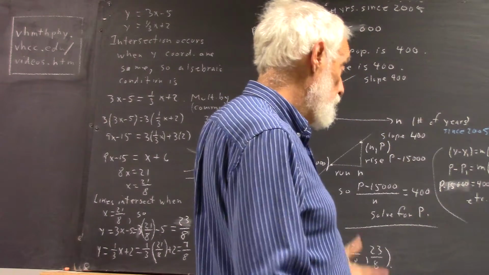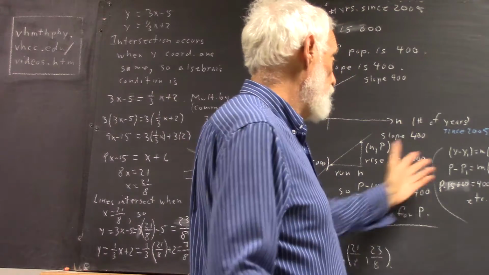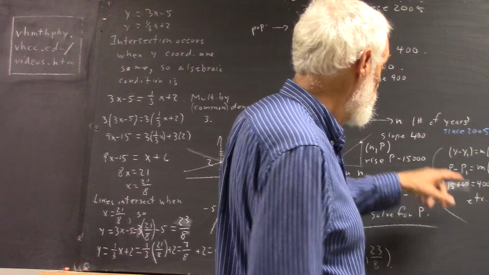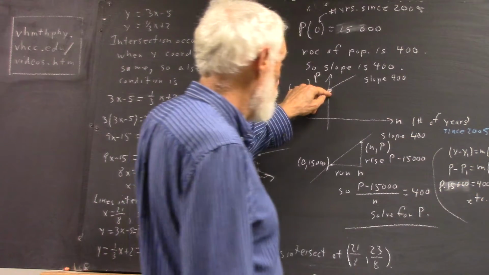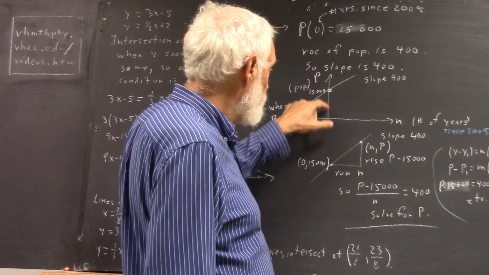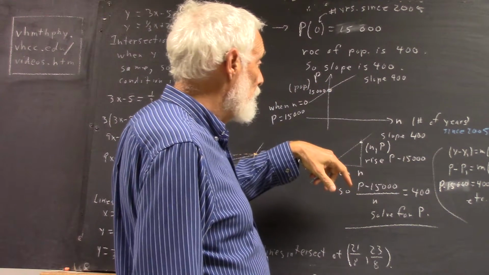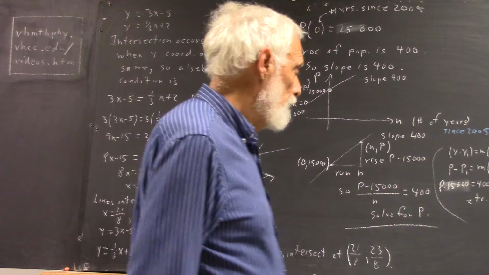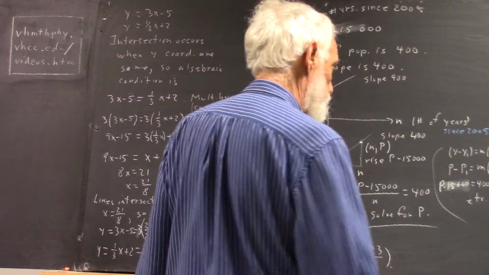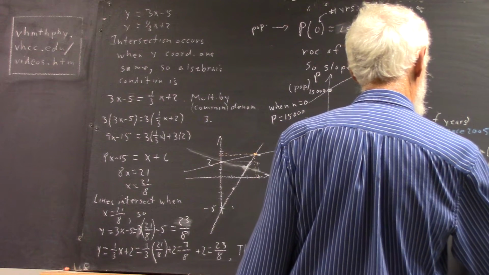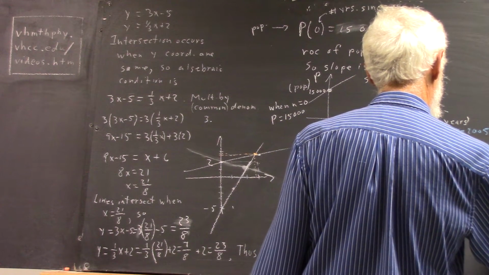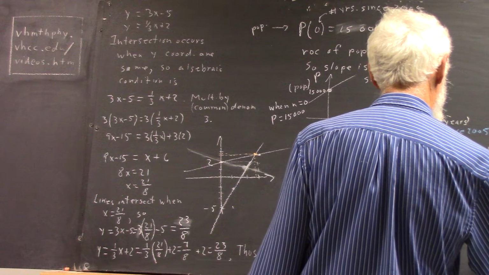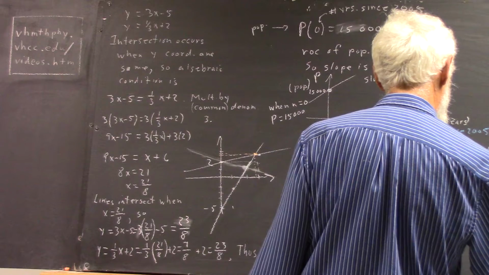Then we can write everything out. P1 is 15,000, n1 is 0, because p1 and n1 are the coordinates of our known point. N equals 0, p equals 15,000. And our slope is our rate of change, that's 400, and then we can solve for p. And we get p equals 400n plus 15,000.